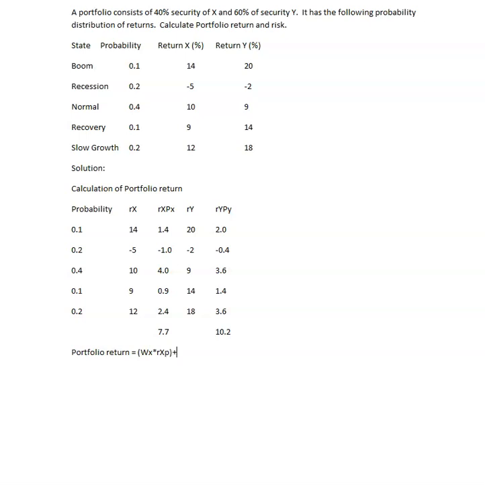Then this is to be added with the second weight, 60% of security Y, so weight of Y multiplied by return of Y multiplied with P. We close the bracket.